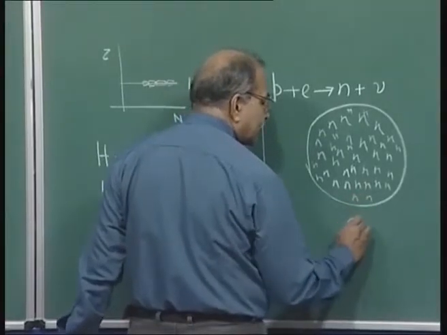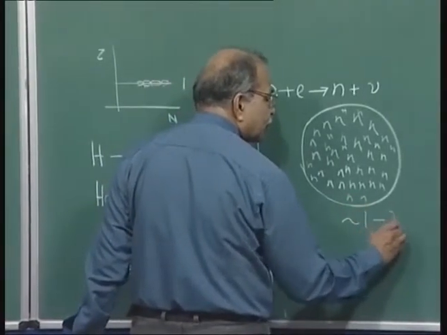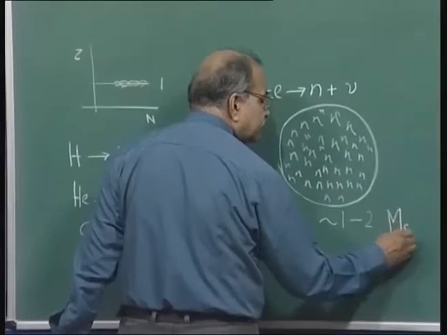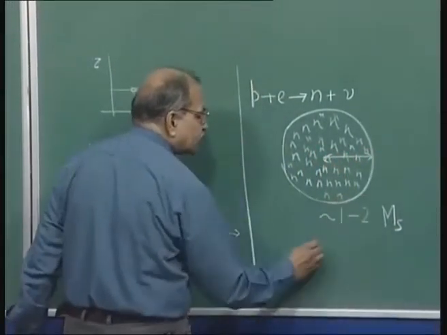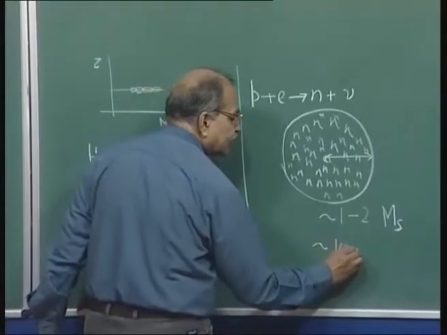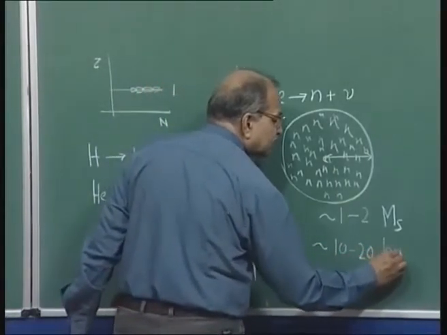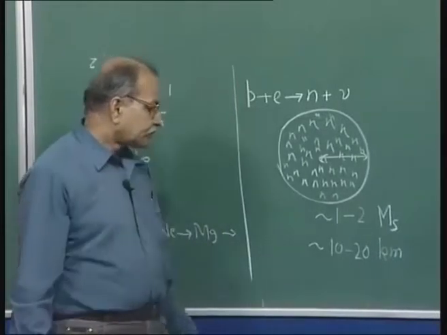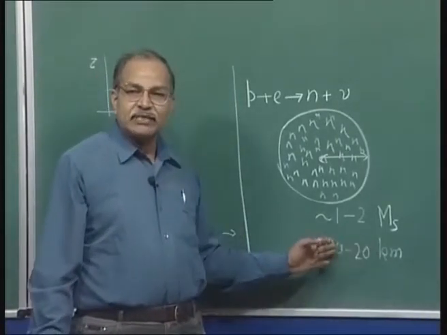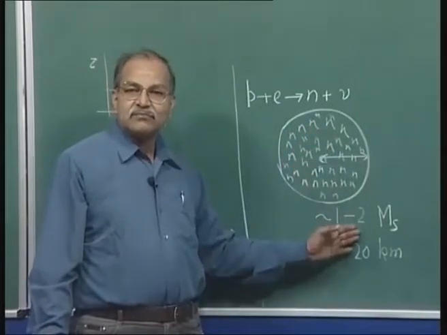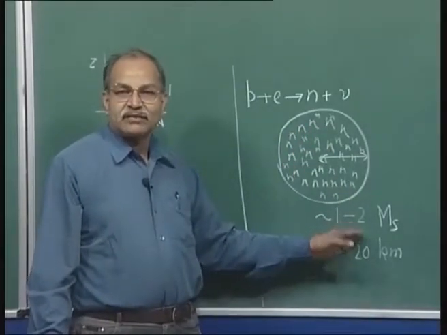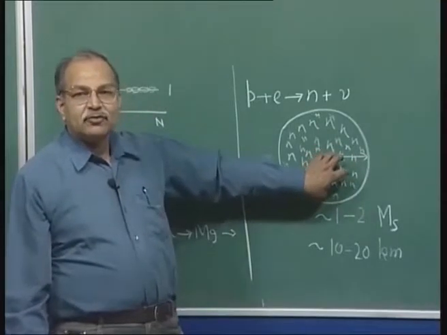So, this could be something like 1 to 2 masses of the sun, and the radius could be a few tens of kilometers, say 10-20 kilometers, depending on which kind of star it is. So, in about 10-20 kilometers of radius, the mass much more than solar mass is compacted.